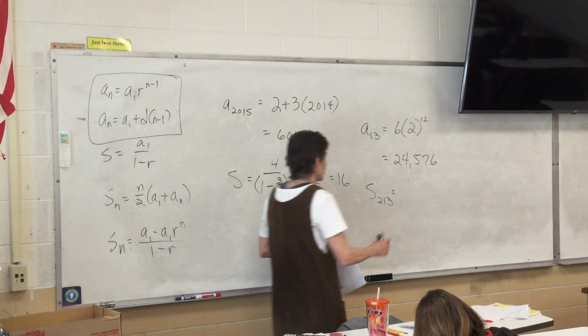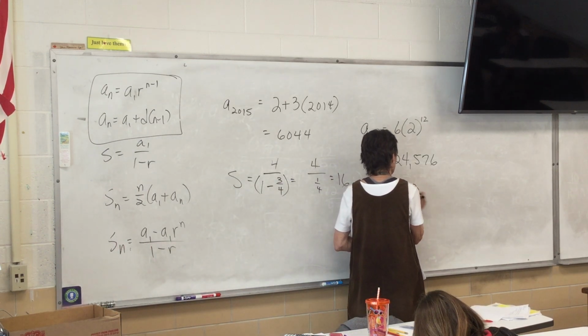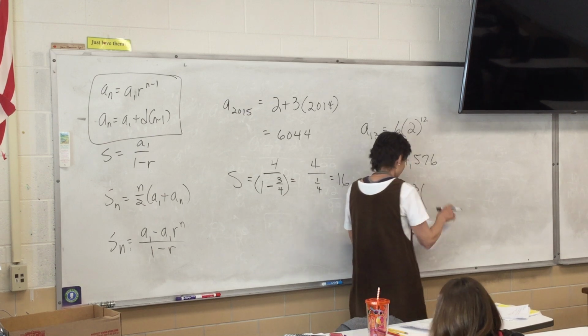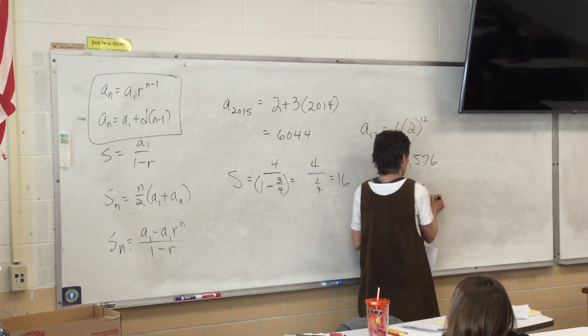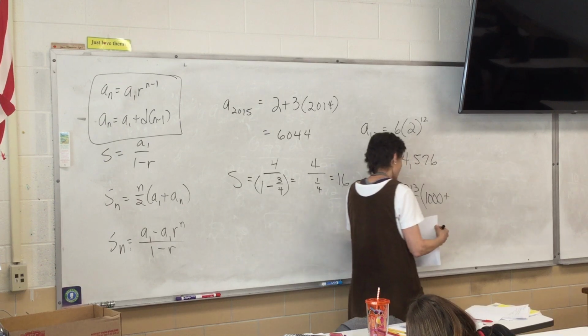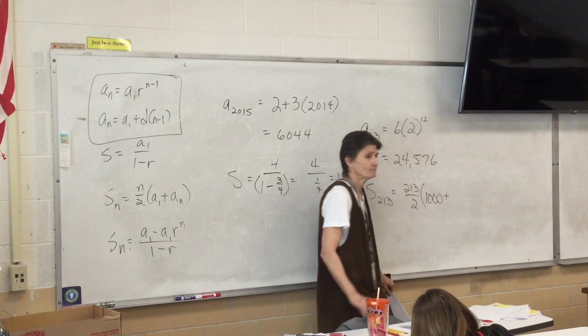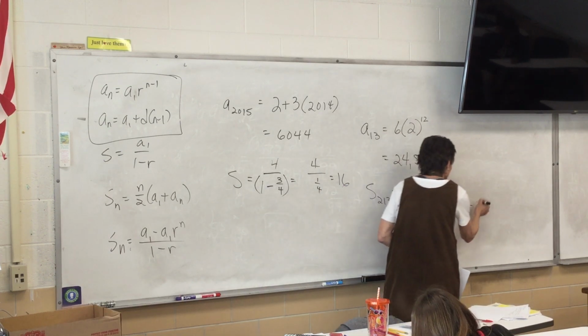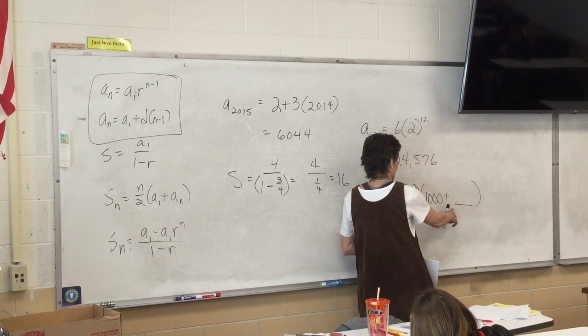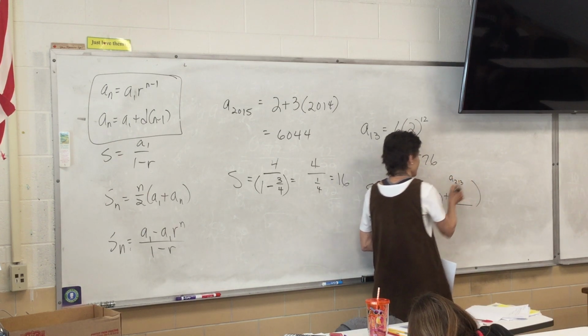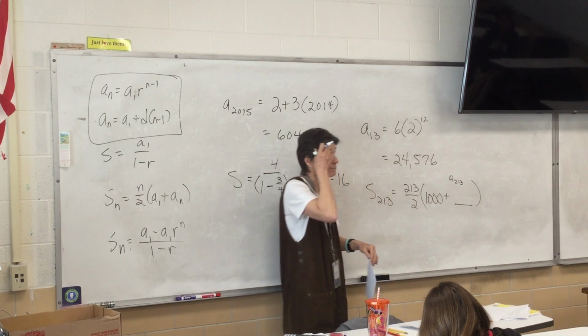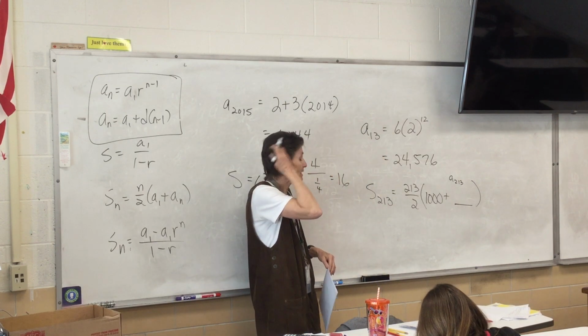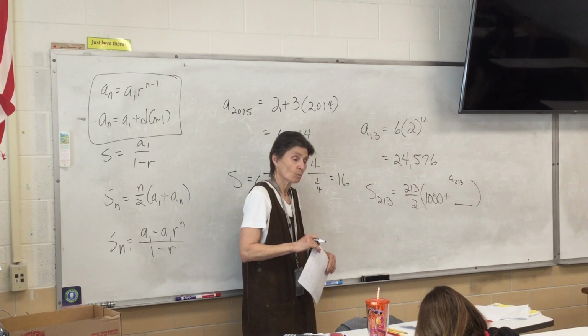So the sum of 213 is 213 over 2 times the first term, which is 1,000, plus, oh no, what do I need here? I need the 213th term, the last term, and I don't have that, do I?